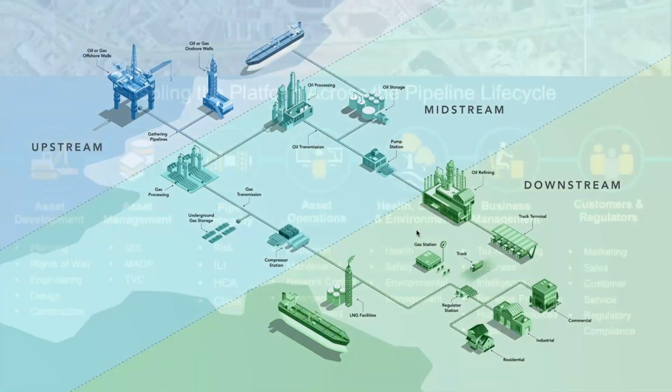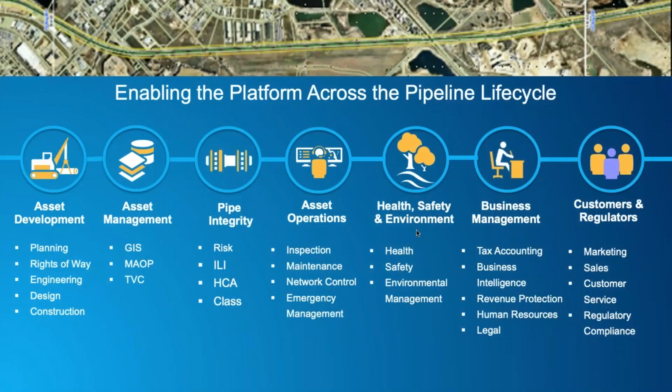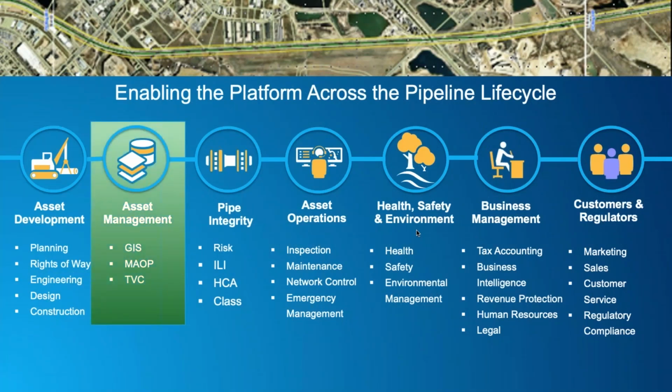If we look at how we've been leveraging location analytics across pipeline organizations, we see lots of different use cases. What we're really going to focus on today is what we traditionally see as our asset management or mapping department. This is where GIS typically grew up, started as mapping and generating alignment sheets.